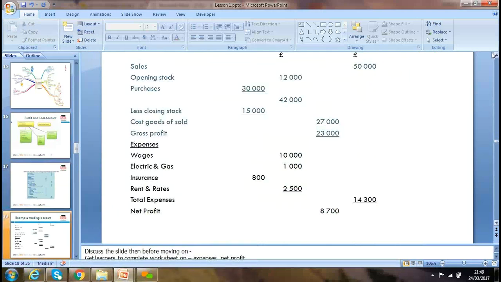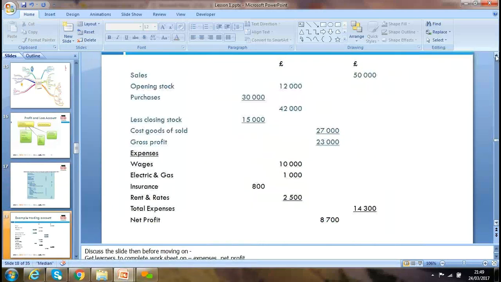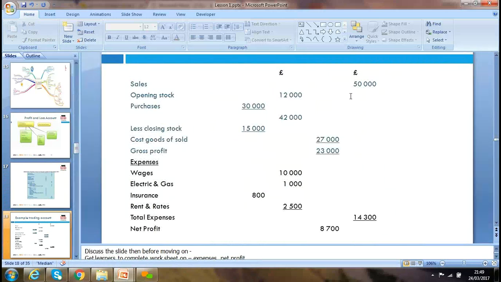This is one example. We have opening stock of raw material like veg and things, £12,000. During the year, we purchase more stuff, raw material £30,000, so it becomes £42,000. Then we have closing inventory, still in stock, £15,000. It means we have used £27,000 worth of things.